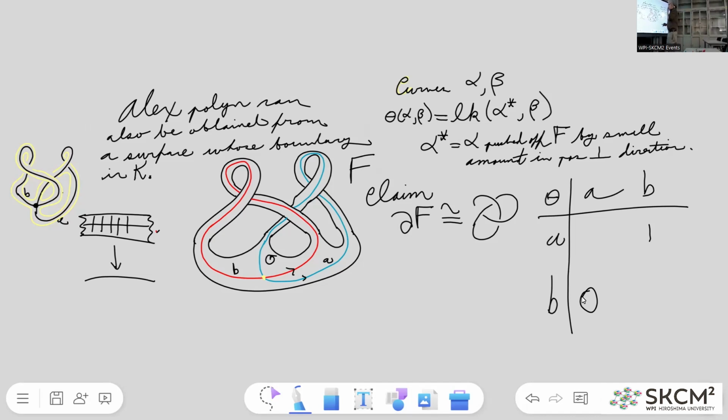And then there's a little bit more complex thing that you're going to have to look for to find out what happened here. We're orienting this. And you want to know what happens when you push the curve itself off itself and watch how it links with its previous owner. Take the red curve and push it up a little bit and see what happens to it in relation to the red curve. Well, you're going to have to visualize a bit, and I'm just going to tell you the answer.